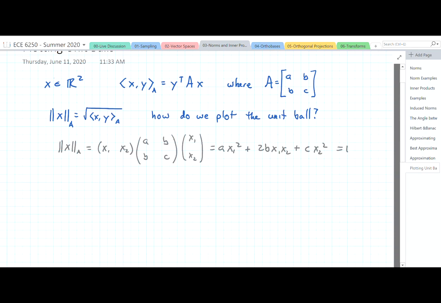So we pull up our handy plotting program and we just plot it for all x1 and x2.